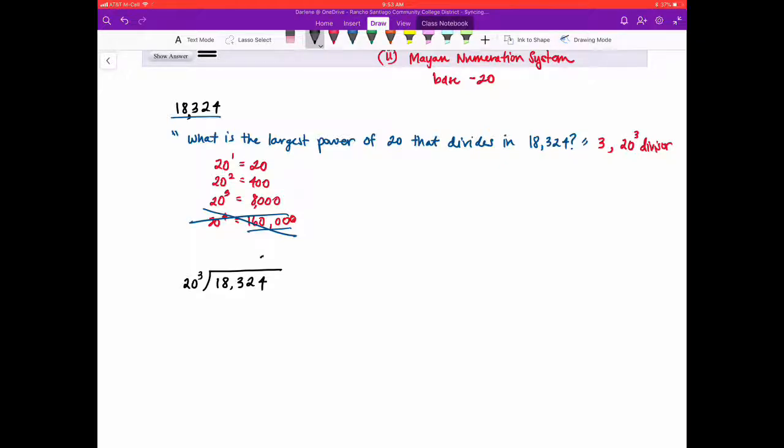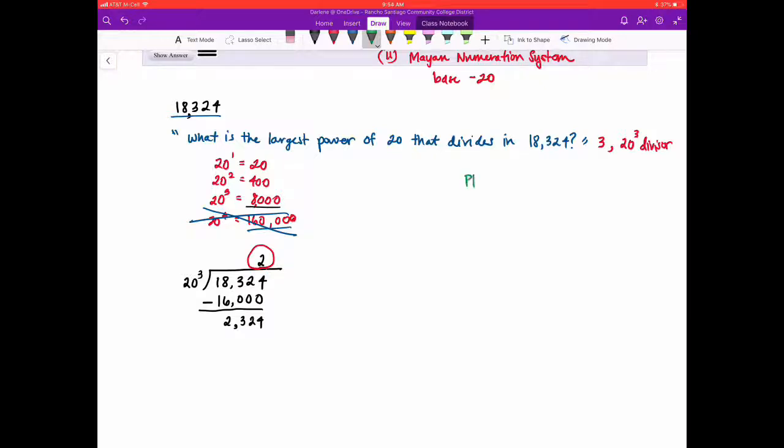And it goes in 2 times, because 2 times 8,000 would be 16,000. And subtract. And then we get 2,324.